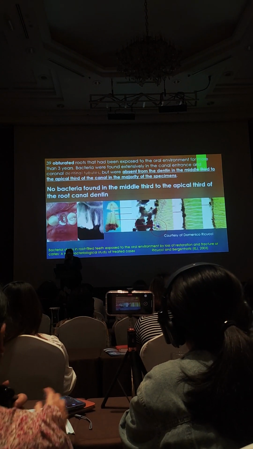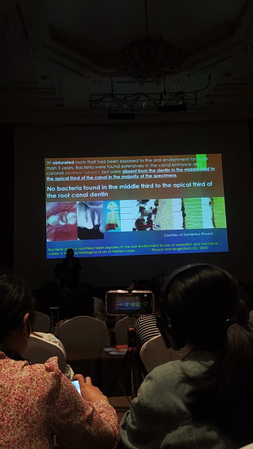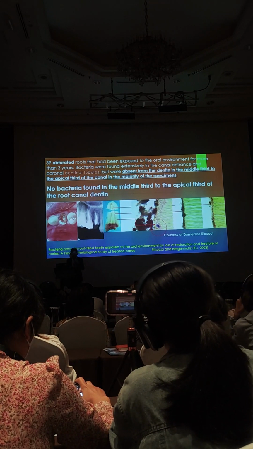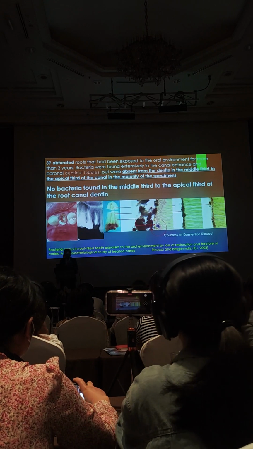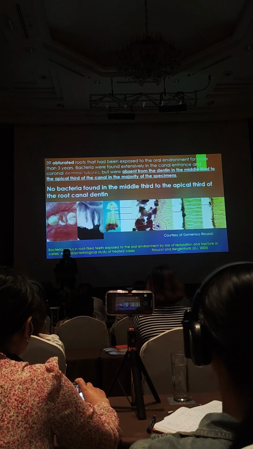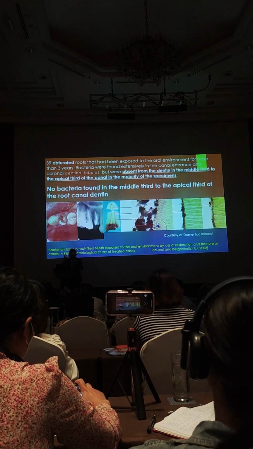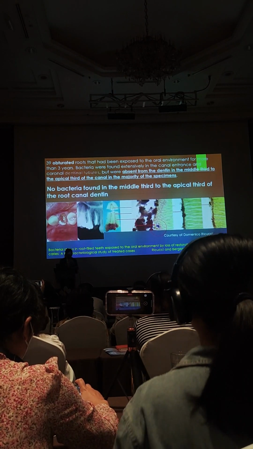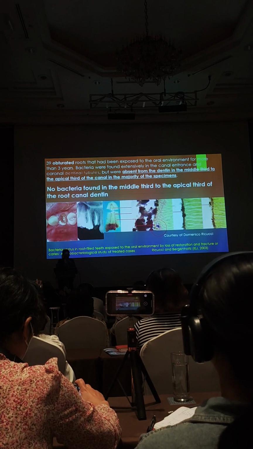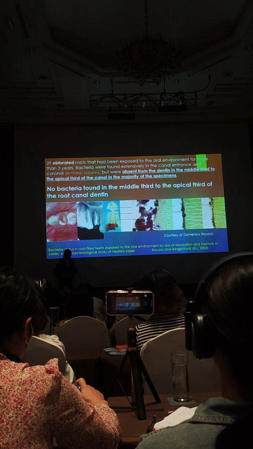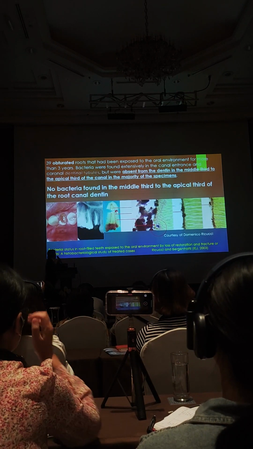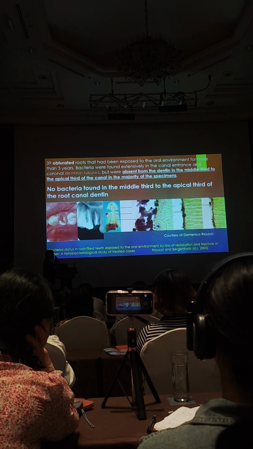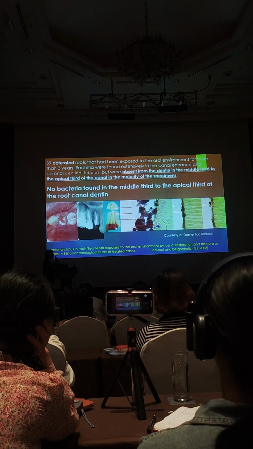And this is a study done by Domenico Ricucci, Italy. He examined 39 root canal-obturated roots that had been exposed to the oral environment for more than 3 years. But he found bacteria only in the coronal dentin. He classified the root into 3 sections: the apical 1/3, the middle 1/3, and the coronal 1/3.